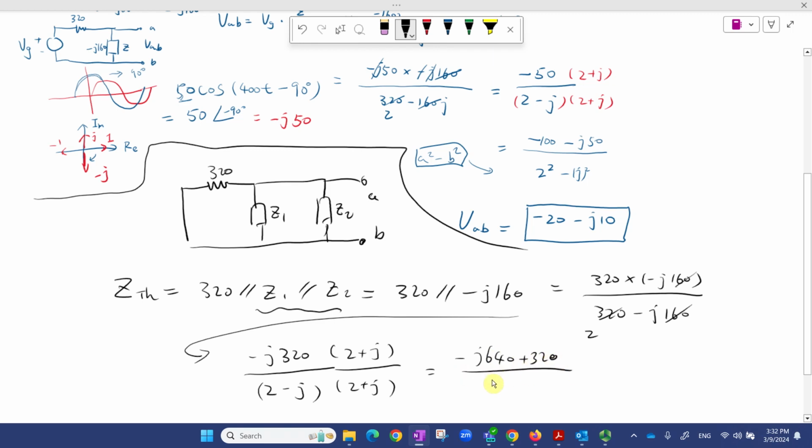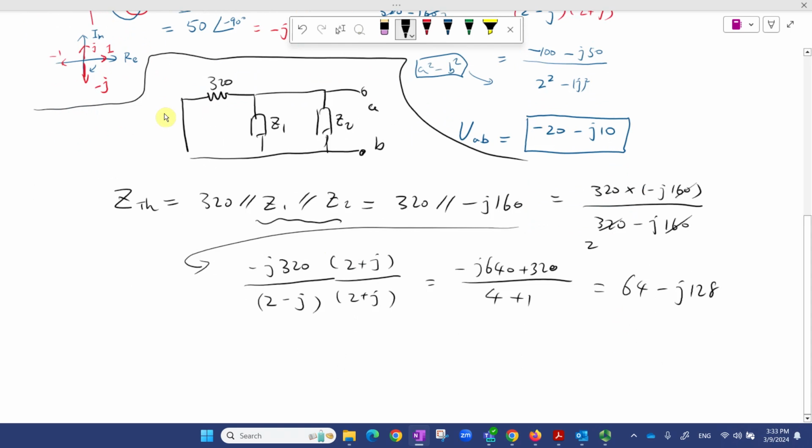The bottom is 4 plus 1, so it's 2 squared minus j squared. Then we get the final answer, 64 minus j128. Okay, this is part B.